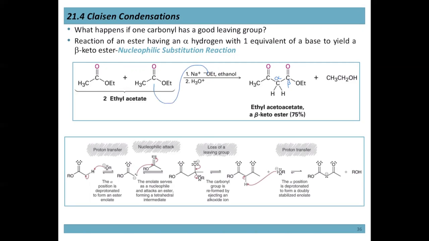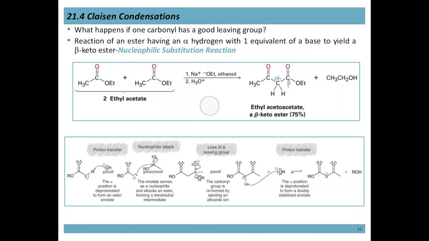But this base can actually attack and kick out the leaving group. So what you'll notice is the base that we use in the Claisen condensation always matches the type of ester that we have. If we have an ethyl ester, we're going to use an ethoxide as the base. And that prevents unwanted side reactions.